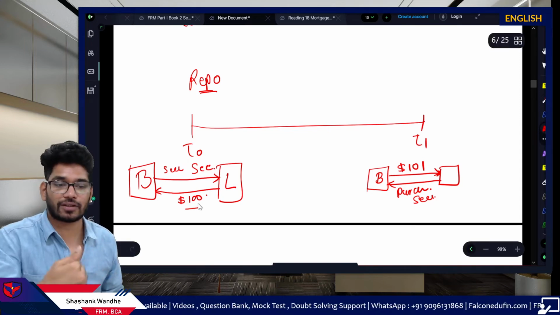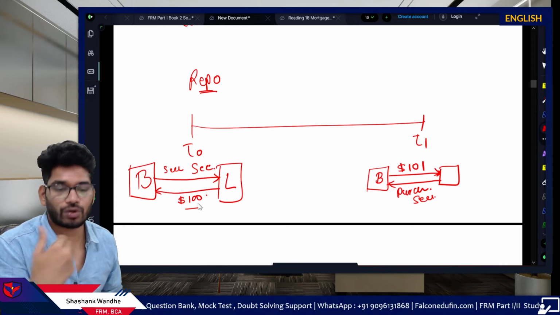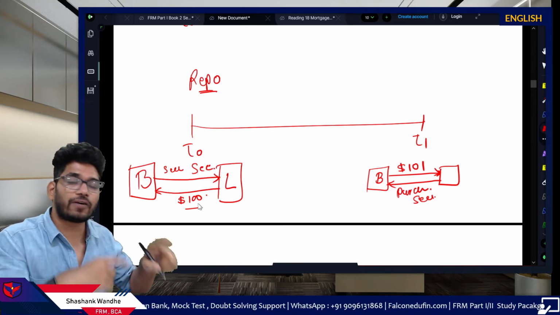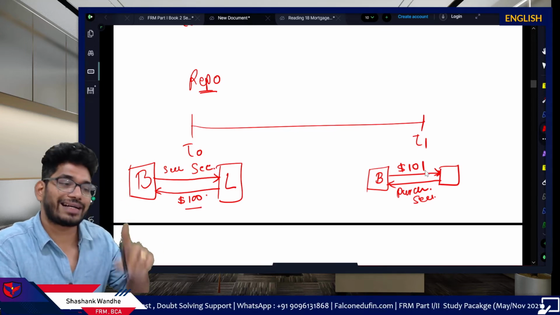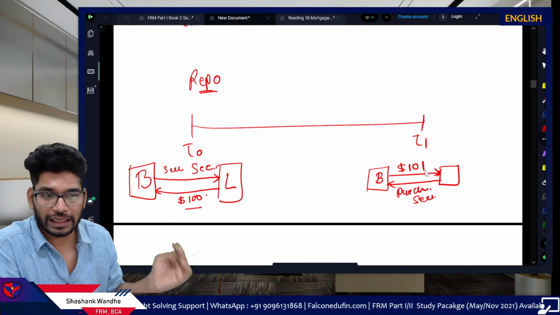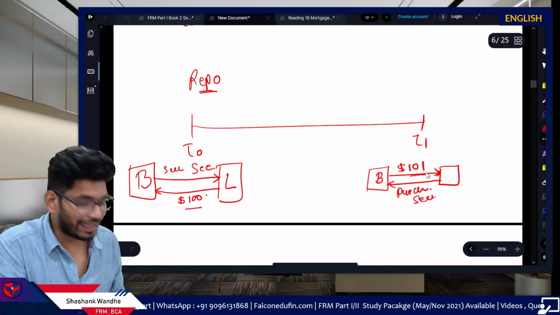If he purchased for 100, if the borrower sold for 100 and took the $100, now at the time of reversal of the transaction, this borrower will transfer 101, that is he will buy back or repurchase the securities, and remember the same securities, at slightly higher price.